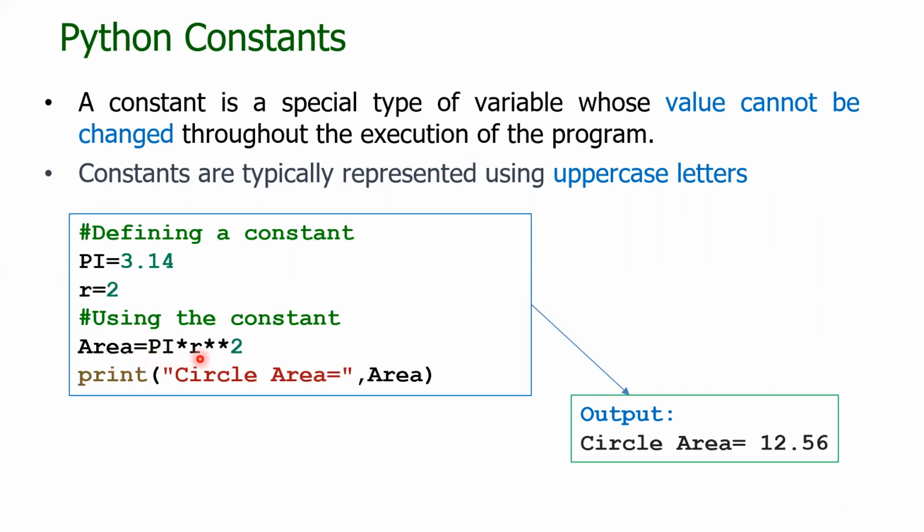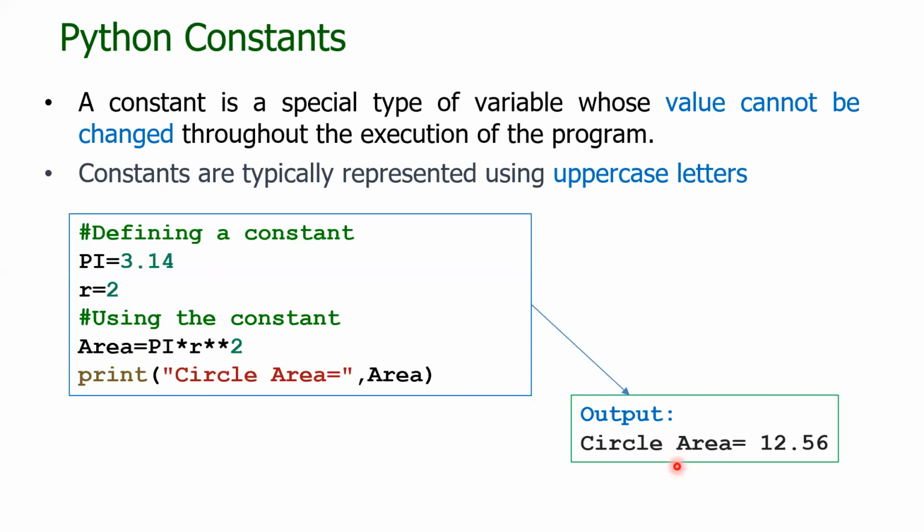Area equal to PI into r double star 2, which is pi r square, and then print the area of the circle, since pi r square is the formula for finding the area of the circle. So here PI is the constant, that is why it is represented in capital letters, which means that the value of this constant should not be changed throughout the program.